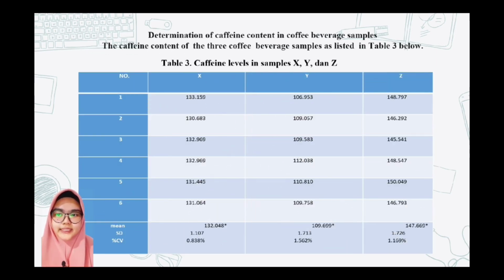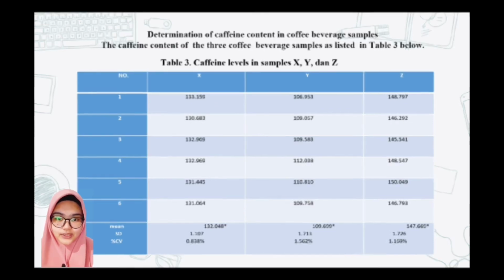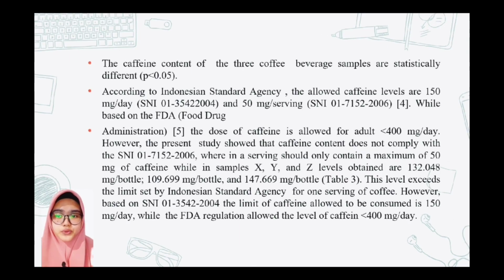Next, refer to the caffeine content of the 3 coffee beverage samples as listed in table 3. The caffeine content of the 3 coffee beverage samples are statistically different, P less than 0.05. According to the Indonesian Standard Agency, the allowed caffeine levels are 150 mg per day and 50 mg per serving.